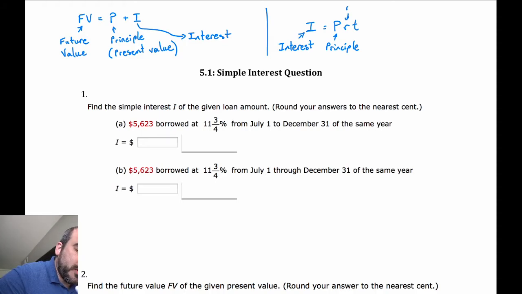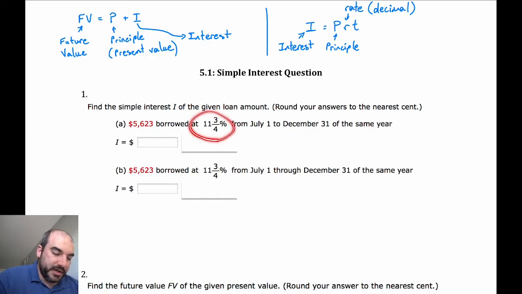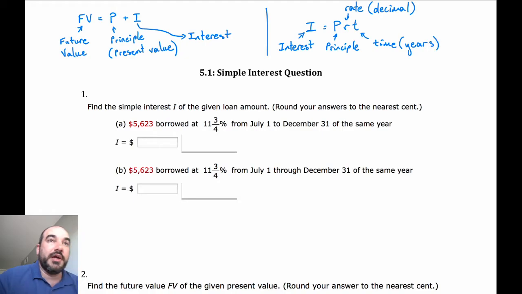R is going to be our rate in decimal form. Sometimes the rate is given as a percent in a lot of problems. As you can see here, you're given percentages. You have to convert those to decimal values before you put them into your formula. And then finally, the T is going to be time. And the units for our time is going to be in years.